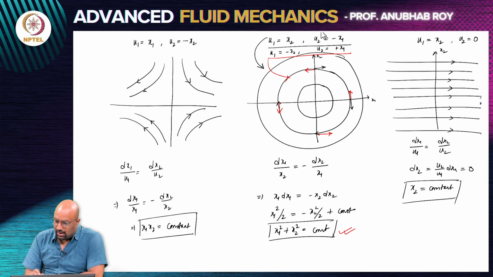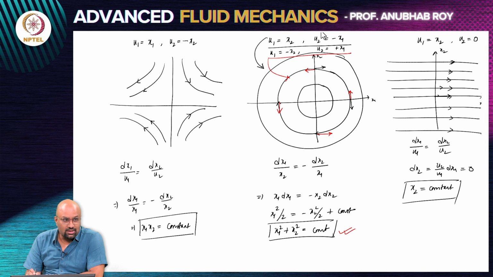Later we will see, I have indicated the arrows here to indicate the direction, but the magnitude of the velocity gets higher as you move away from the origin. So if you were to indicate this arrow as the magnitude of the velocity, then the arrows are going to become shorter and shorter as you go towards the origin, or in a sense the velocity is going to increase as you go up.